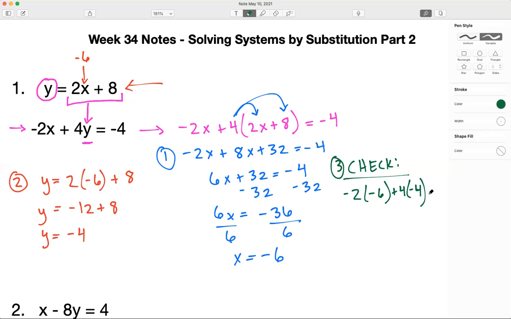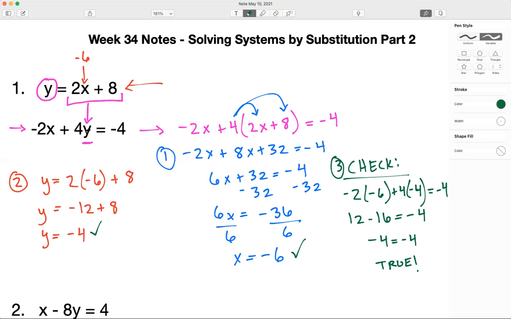This would be 12, negative 2 times negative 6, plus 4 times negative 4, which is negative 16. Equals negative 4. Well, is this true? Yes it is. So if it's true, that means this solution checks. So we're correct. So step 1, sub in, solve for one of the variables. Really, that's what you need to do first, but this one's already solved for.